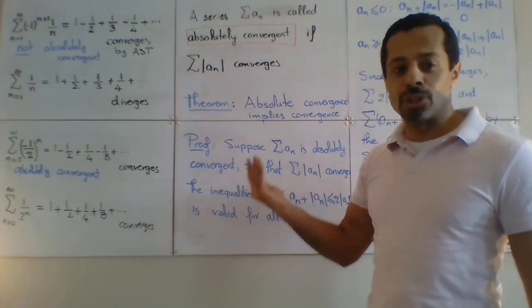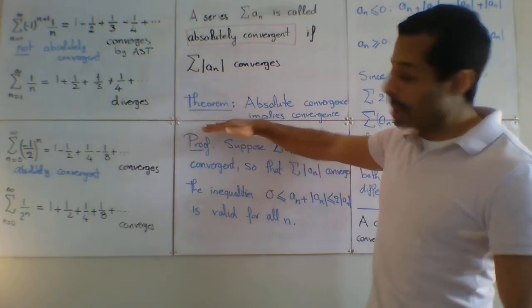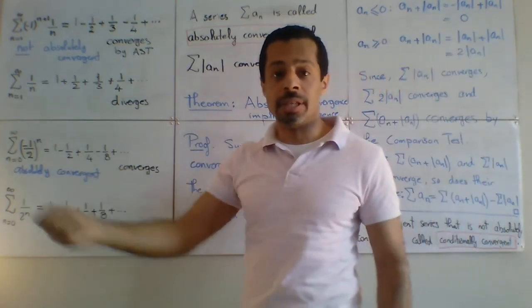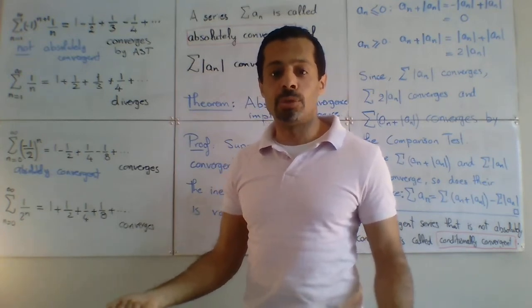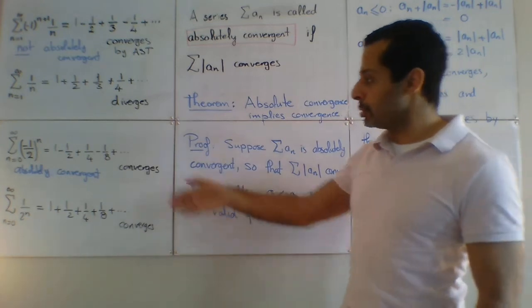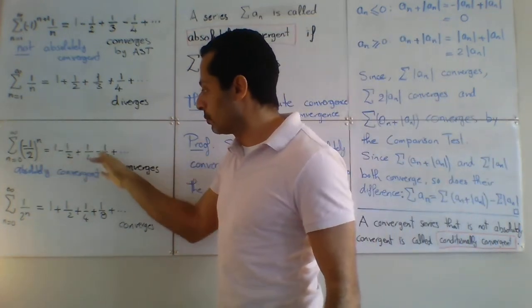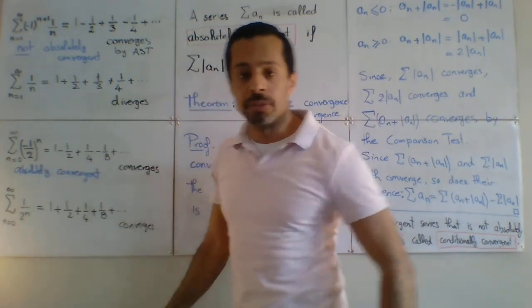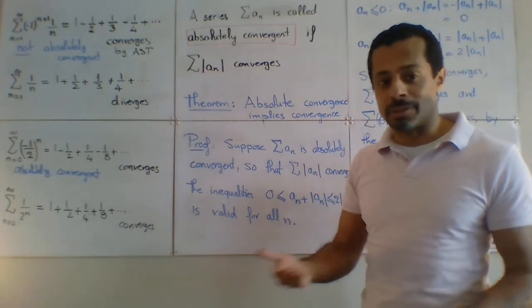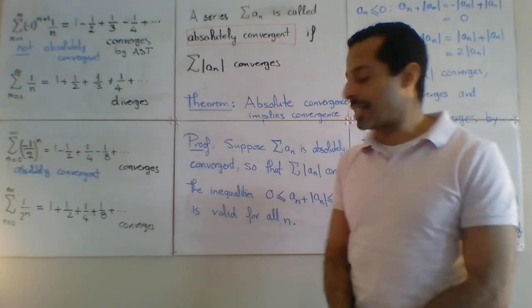So by this theorem, it's a good strategy, when I give you a series, to test for absolute convergence first. When you test for absolute convergence, you remove all the negative signs, you get a positive series, and then you can use whichever of these tests is convenient for the series at hand.